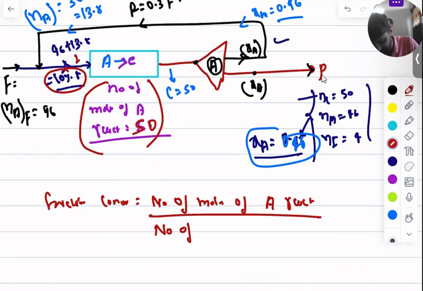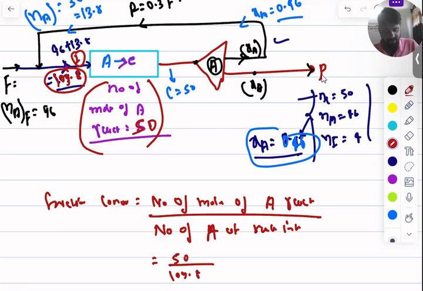So this is the point where you are asked to calculate the total number of moles of A, right? I hope this is clear to you now. That is equal to 50 divided by 109.8. This is the fractional conversion. If you want to calculate percentage, you have to multiply by 100. Is that clear?